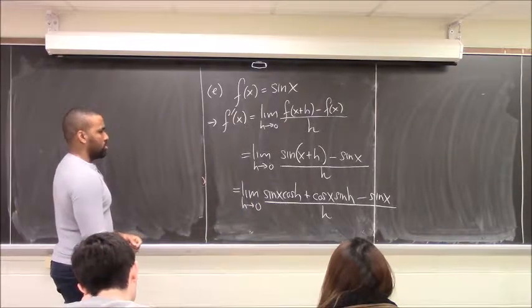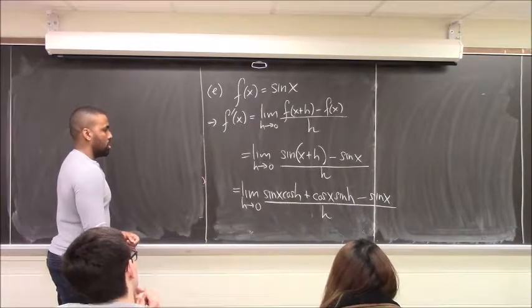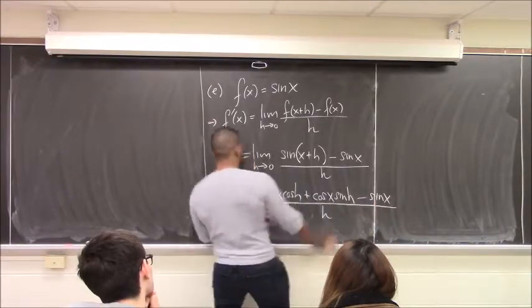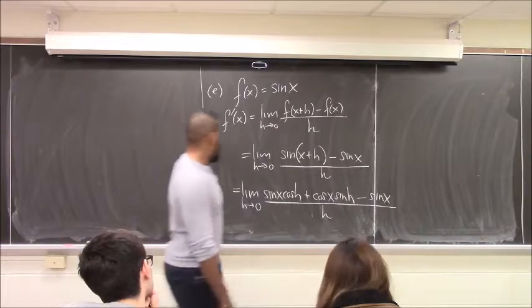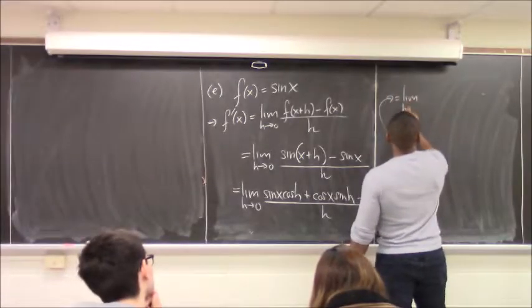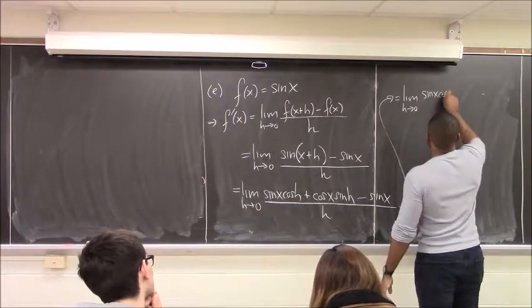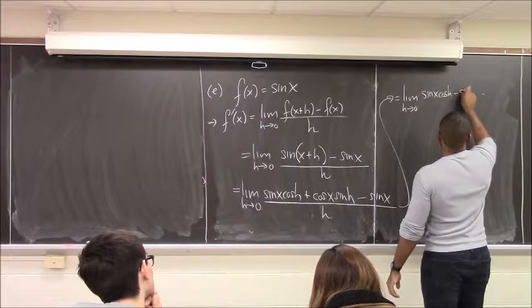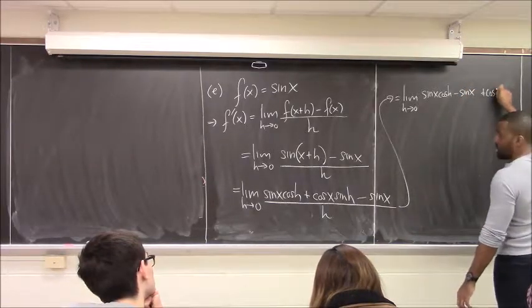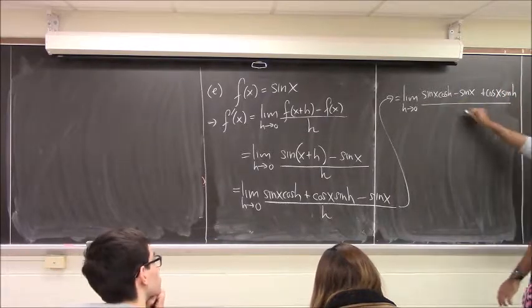What do we do now? Well, notice here, sine x is a common term between these two. So let's put those together and see what happens. Put the sine x cosine h minus the sine x together, plus the cosine x sine h all over h.